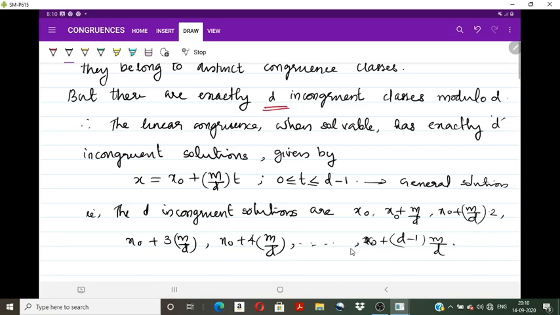So these are the d incongruent solutions for the linear congruence.